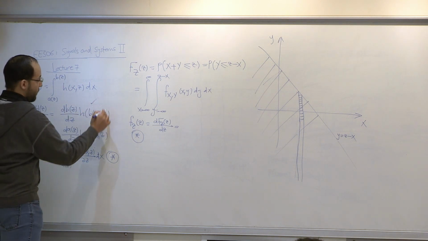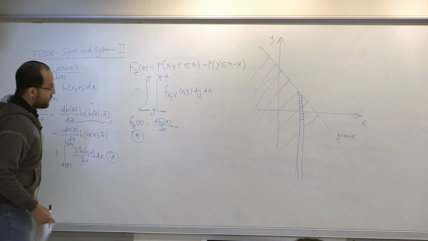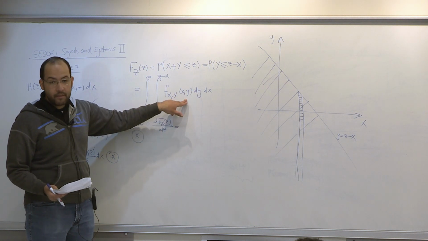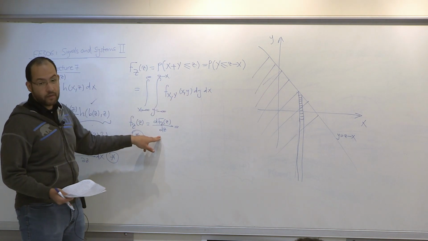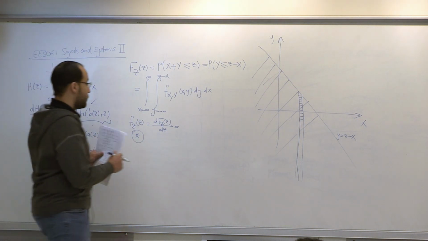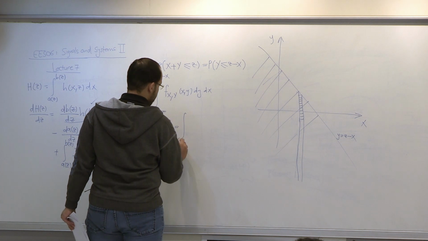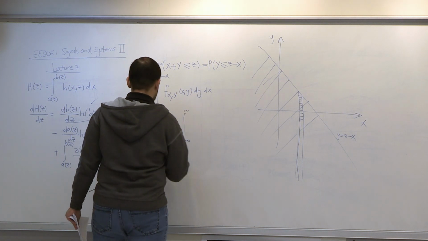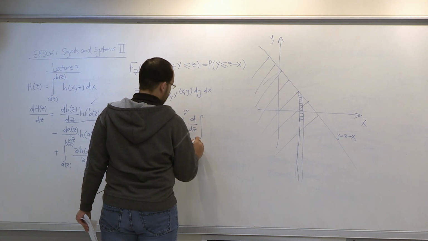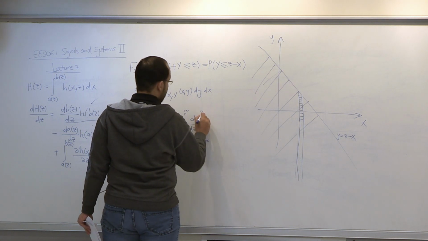That's the only term that will remain. The lower limit of the integral is constant. What is inside the integral is not a function of z. So these two terms will go away and the only term that remains will be this term. So we have integration from x minus infinity to infinity, d by dz, the integration from y equals minus infinity to z minus x.